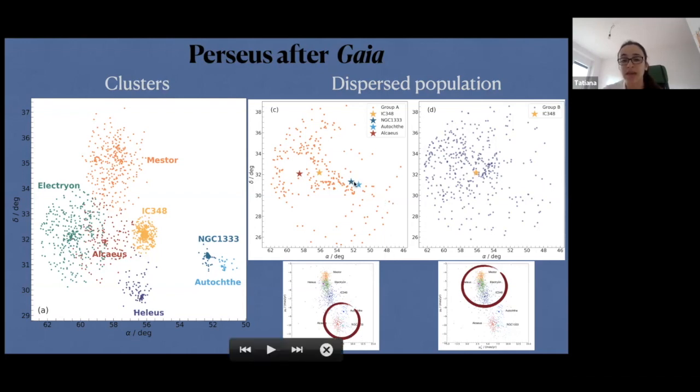And we see that they kind of form a filament between these 2 clusters, IC348 and Alkeos here. So there is really some structure. And then on the other hand, the sources moving in this other clump here are more concentrated around IC348 and in the western part of the complex, which would make sense.